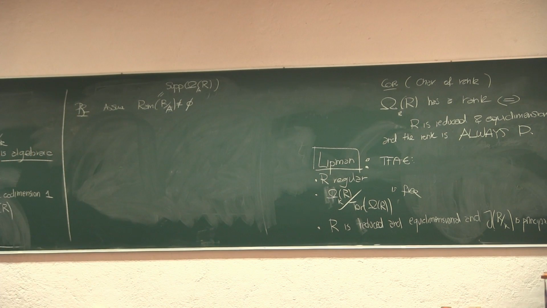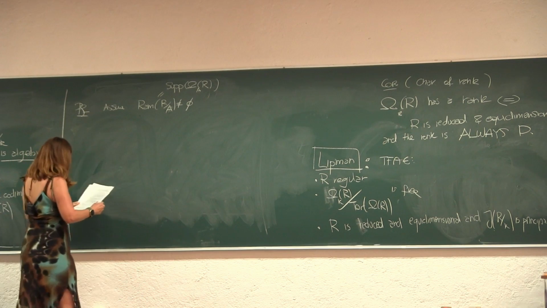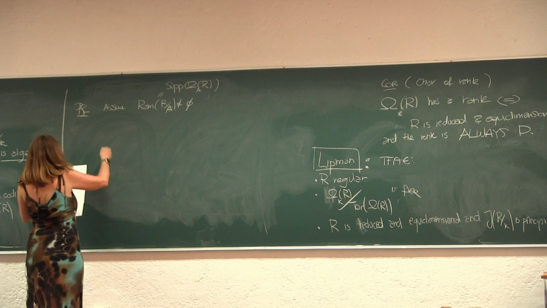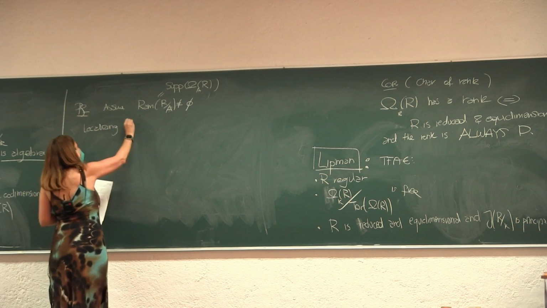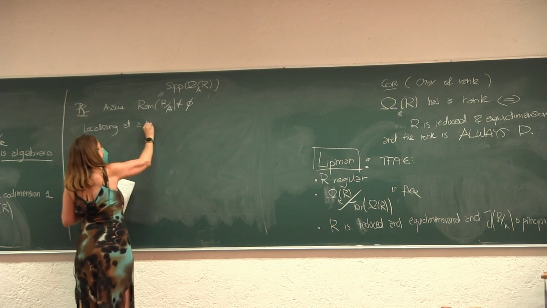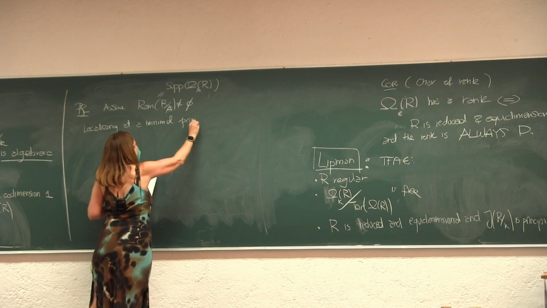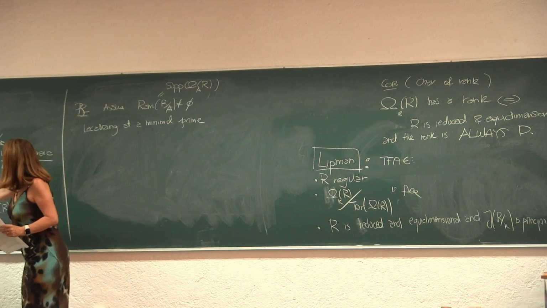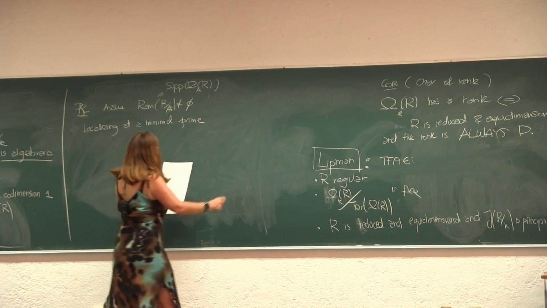So now we localize at the minimal prime of this, because we have to check only that it is pure of codimension 1.